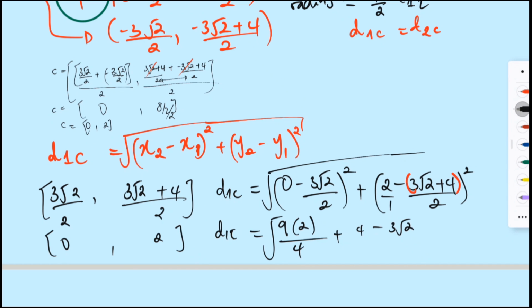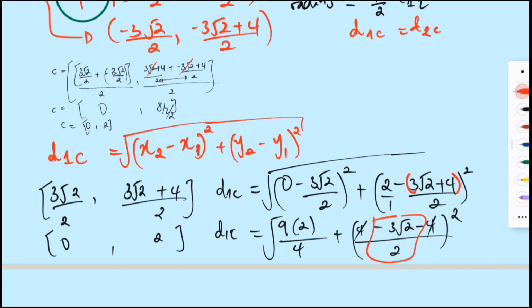So (3 root 2 minus 4) over 2. Now you see that the 4 cancels out, and then when you square it, it gives you exactly the same value as the first one we had.